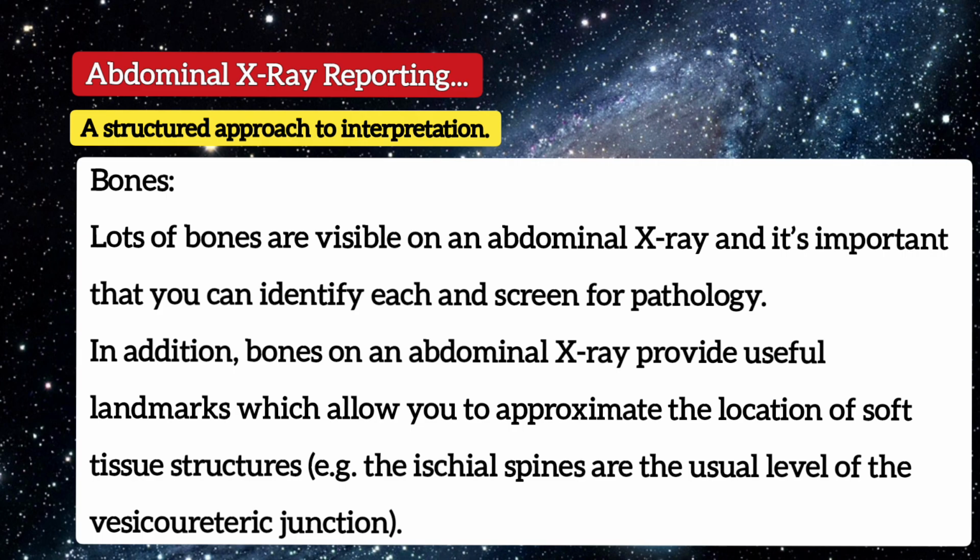Bones. Lots of bones are visible on an abdominal X-ray, and it's important that you can identify each and screen for pathology. In addition, bones on an abdominal X-ray provide useful landmarks which allow you to approximate the location of soft tissue structures. For example, the ischial spines are the usual level of the vesicoureteric junction.